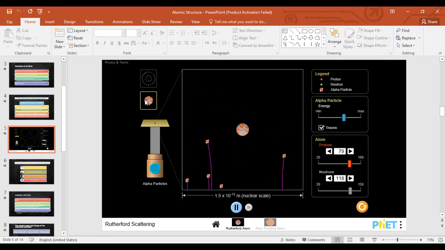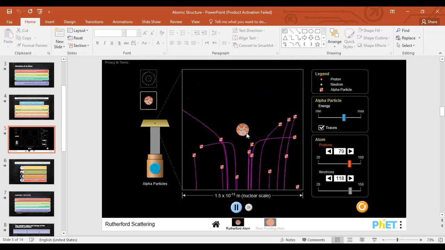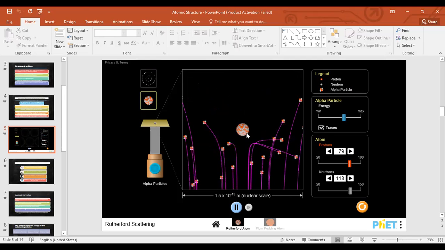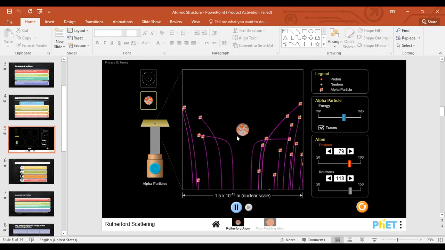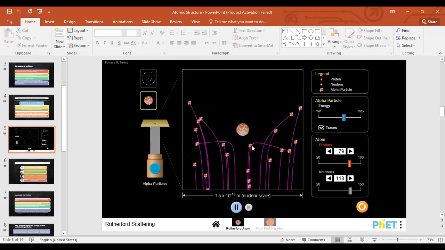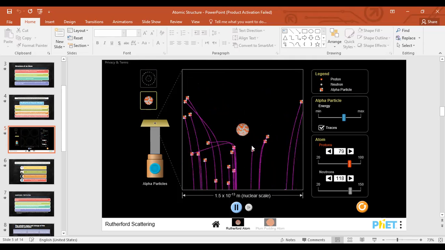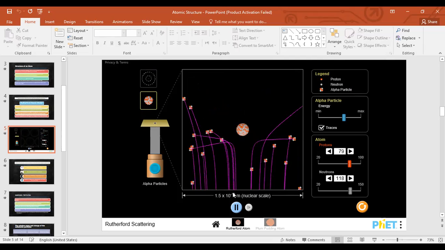Now observe this as a single atom. Alpha particles get deflected as they approach the nucleus because alpha particles are also positively charged and the nucleus is highly positively charged. Okay.